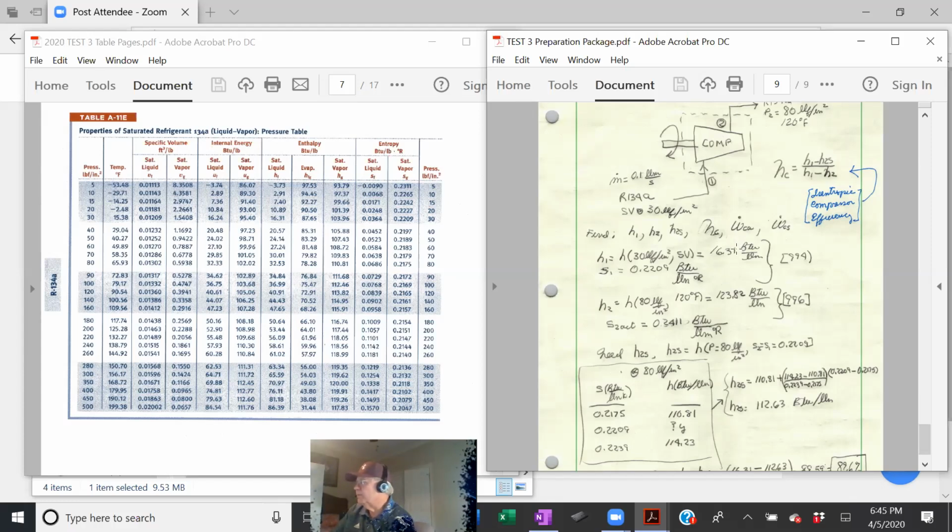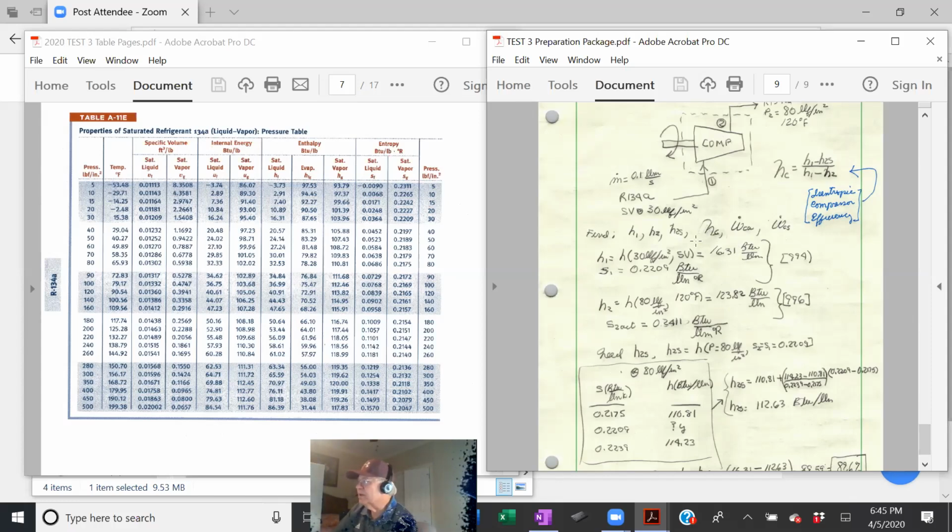That's amazing I did that. One has got to be saturated. Oh, brain dead, Larry. I'm sorry. We're at 30 psi and we're saturated vapor. Sorry, HG. Compressors won't compress liquid. So we're at 30 psi, HG is 103.96. But I looked up the wrong thing though, didn't I? I looked up H2S. Yeah, I'm going to have to rework this one.